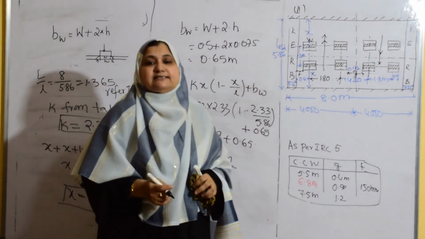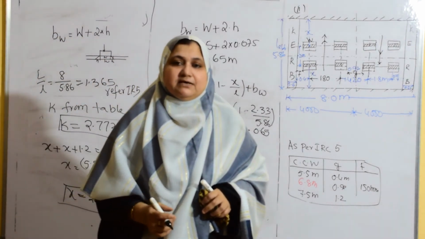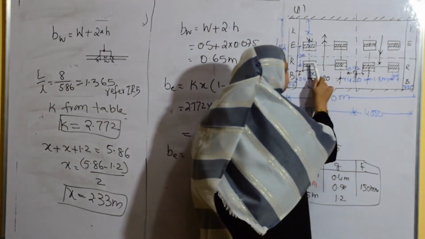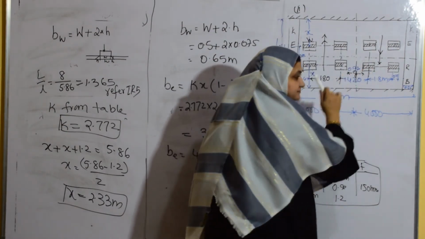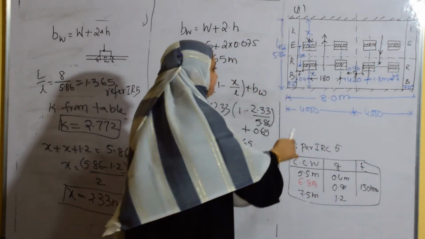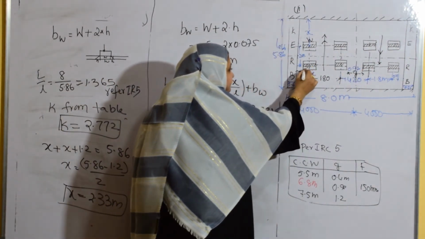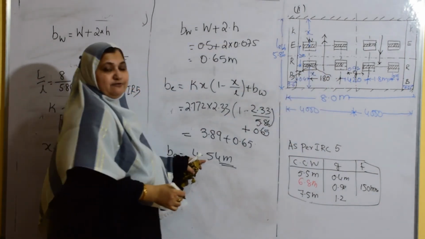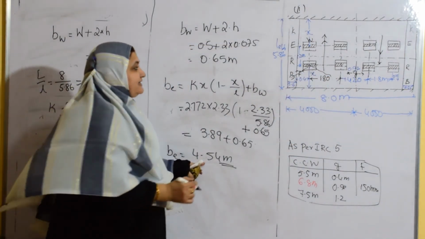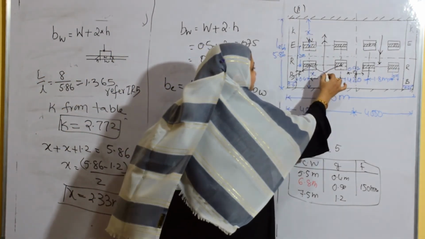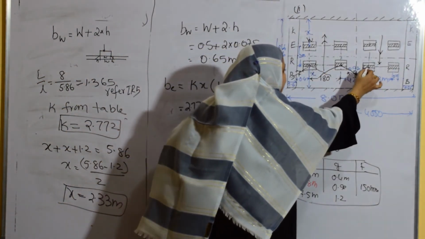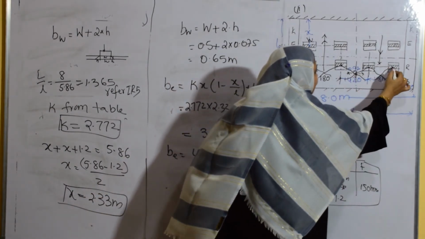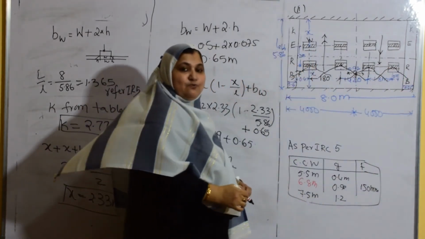Here understanding is required very much. You can see in this carriageway width there are 4 wheels. So one wheel is getting distributed over a length of 4.54, another 4.54, another 4.54, another 4.54. So what is happening?